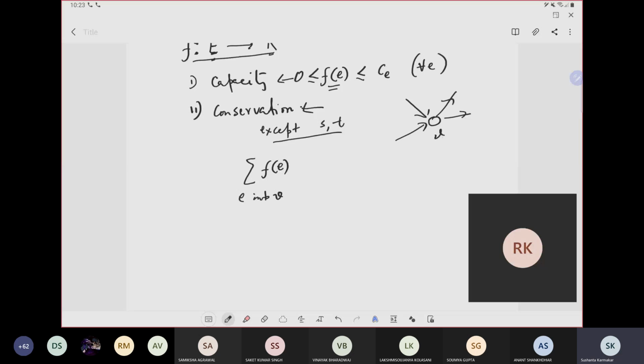So for those nodes, the conservation property must hold. What is that?